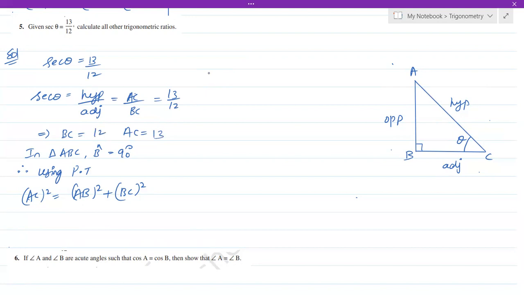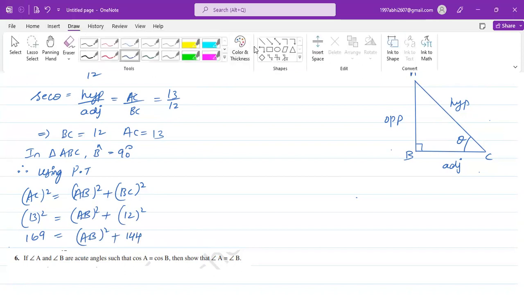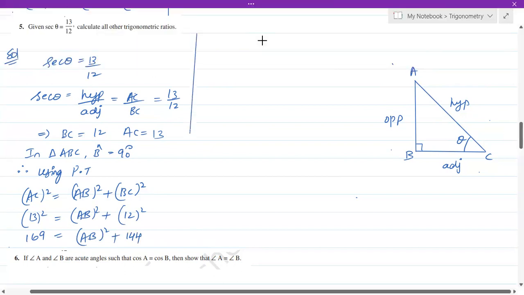So AC is 13 square. AB we don't know, we have to find it. BC is 12 square. So 13 square is 169, which is equal to AB square plus 144. Let's find AB.